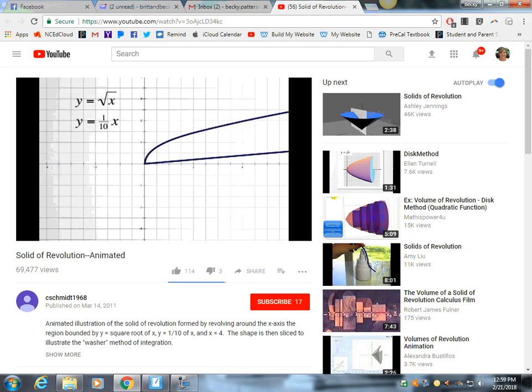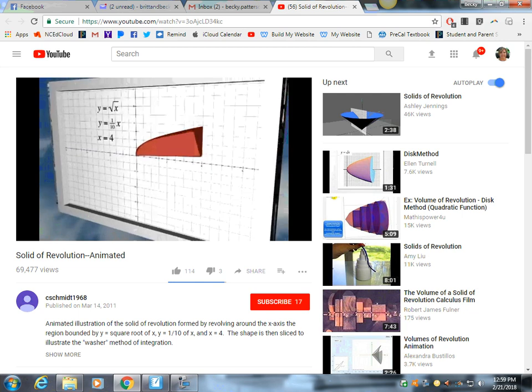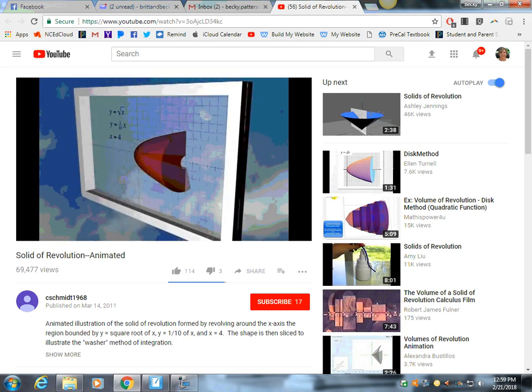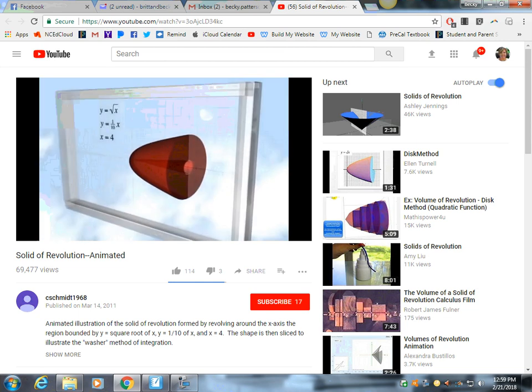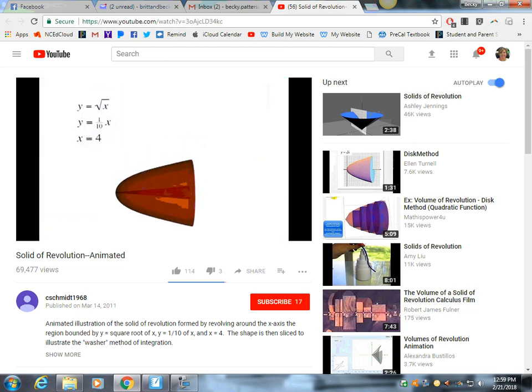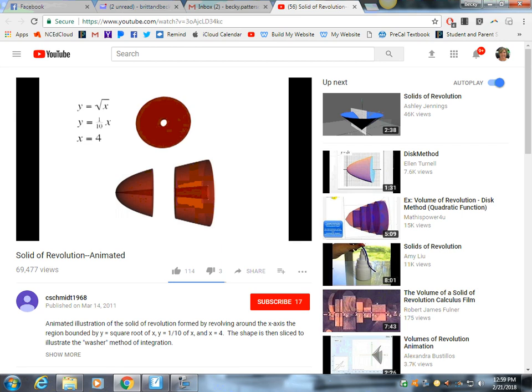We're going to chop it off at x equals 4. So the area in between those 3 lines would be that red part. And then what we're going to do is we're going to take that red part, we're going to rotate it around the x-axis. And you can see there's a hole in the middle. So this is called a washer. If you slice it, which is what you do with your rectangle, you can see that you have a washer.